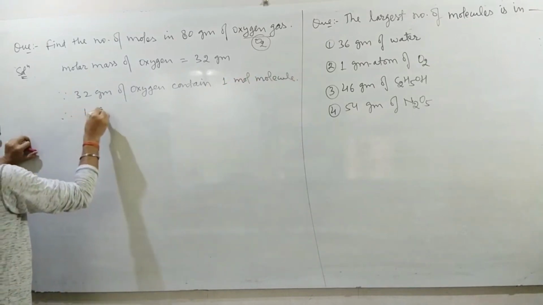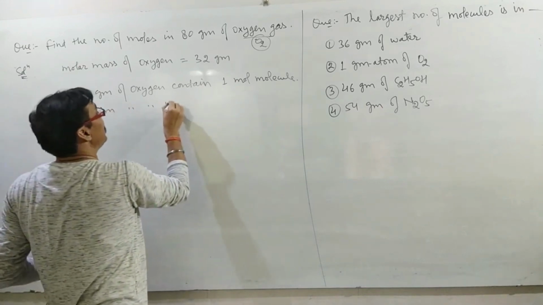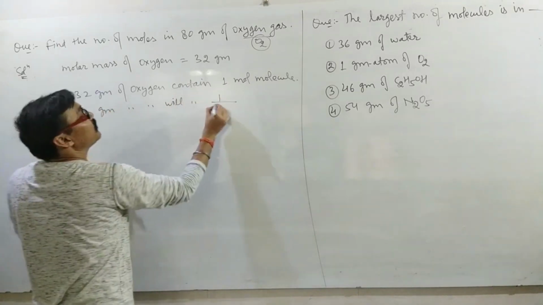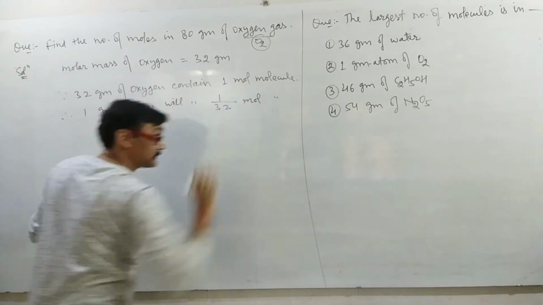Therefore, 1 gram of oxygen will contain 1 by 32 mole of molecules.